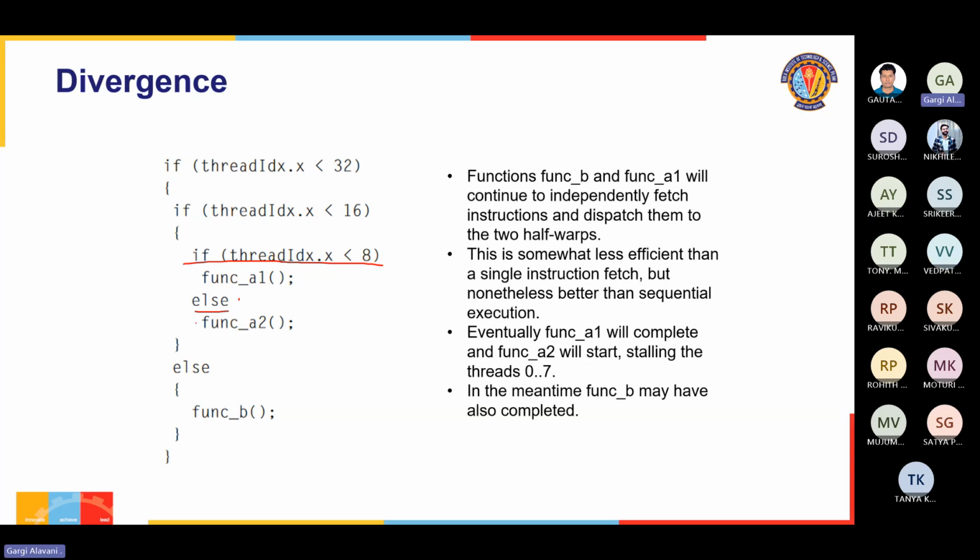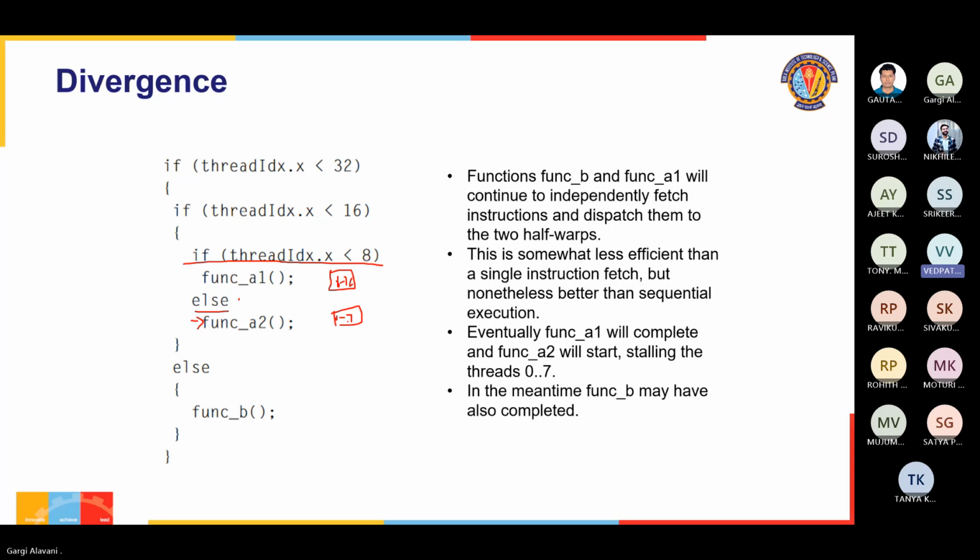The only thing that will happen is they'll be masked to say that you don't do anything. You assign this instruction, but you do not do anything. So the first 8 will get stalled, the second 8 will get stalled, and here that is 8 to 16, and here 0 to 7 will get stalled, because all of them are going to execute only one instruction. The instruction is going to be exactly the same.